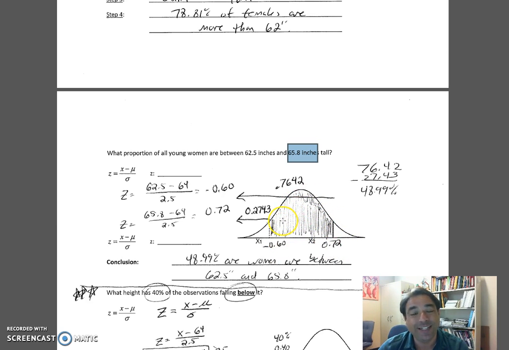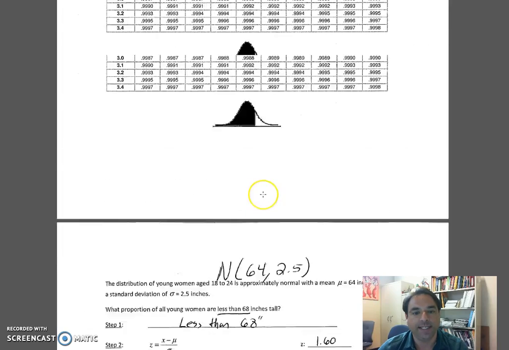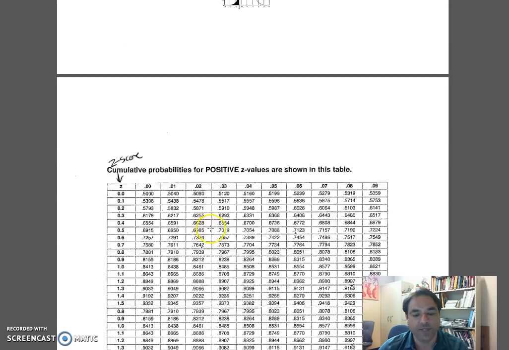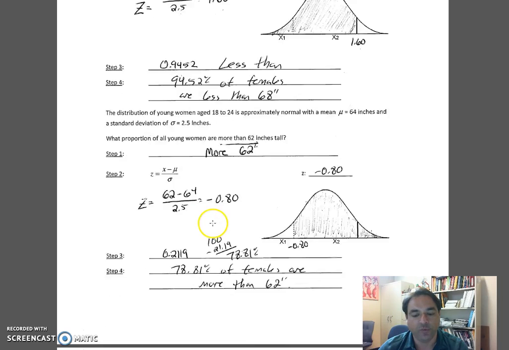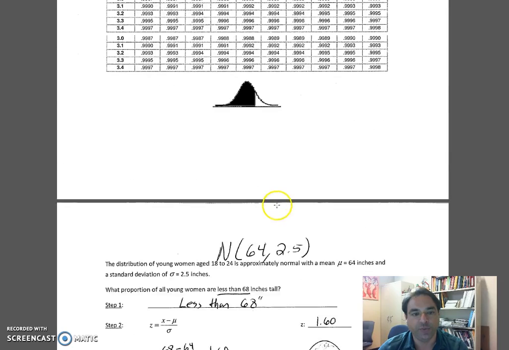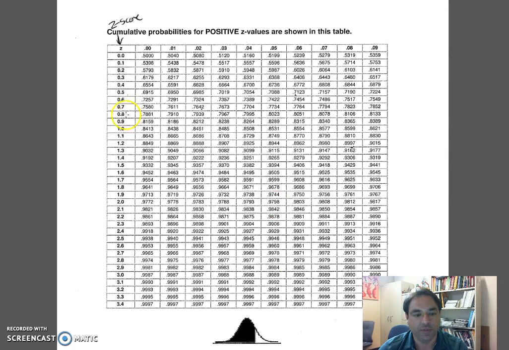Now, the table doesn't tell us in between. It tells us less than. So when we look up negative 0.60, it gives us 0.2743. Remember, 0.2743 is below, not shaded. 0.72 gives us 0.7642.